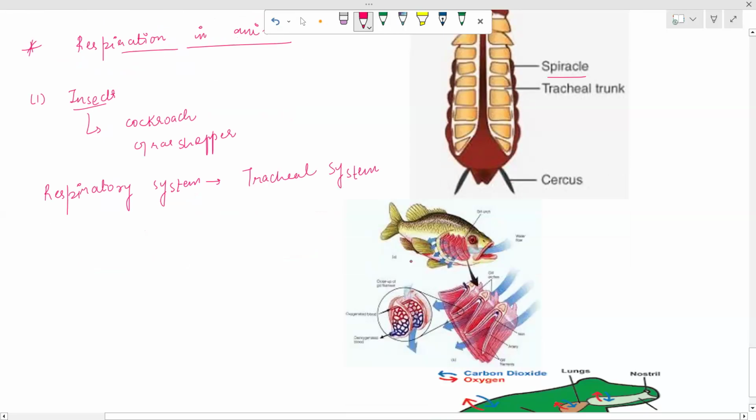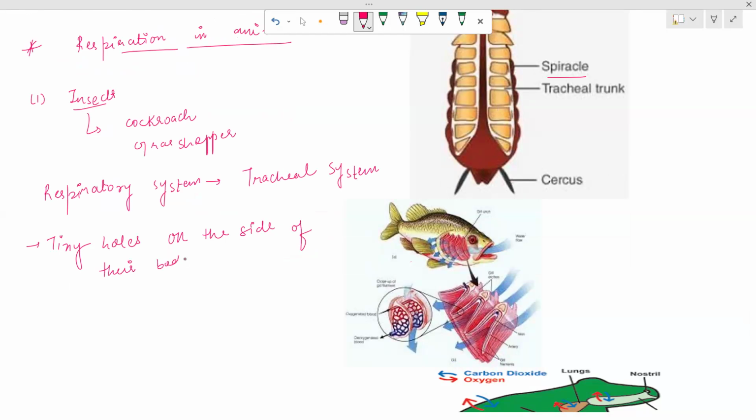Just as I said, they contain tiny holes on the side of their body, known as spiracles.